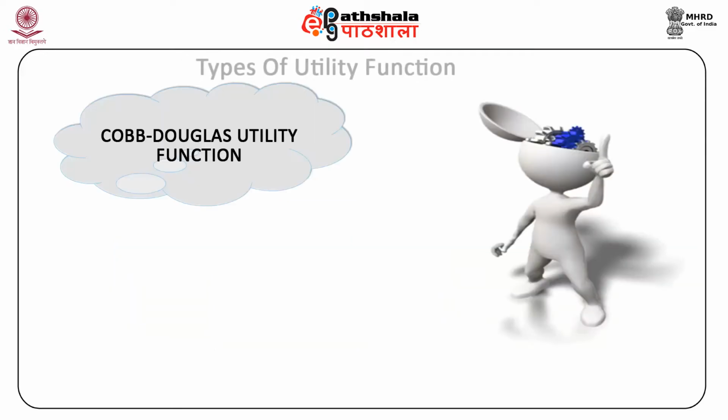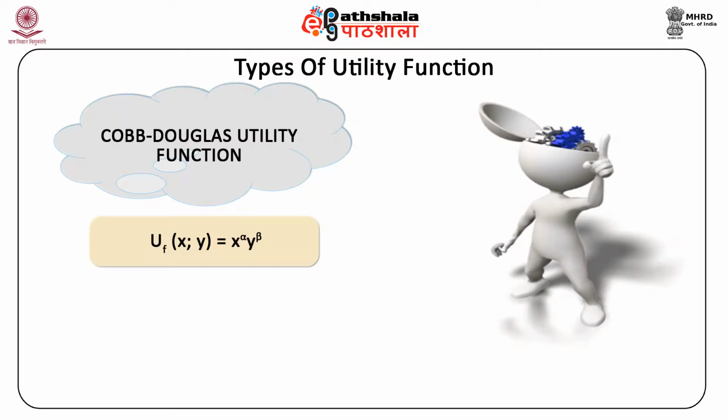First is the Cobb-Douglas utility function. This function we write as UF(x, y) equal to x raised to power alpha into y raised to power beta, where alpha is greater than 0 and beta is greater than 0, and it describes the preferences of the consumer.